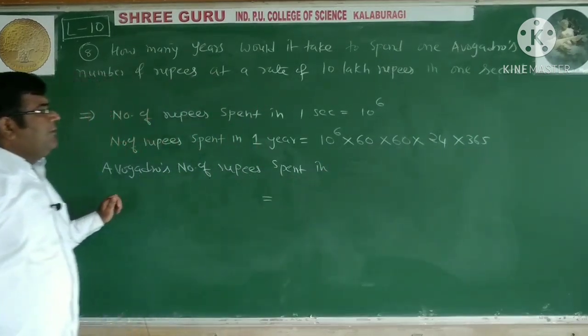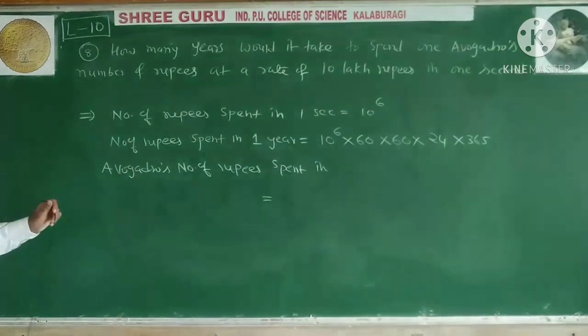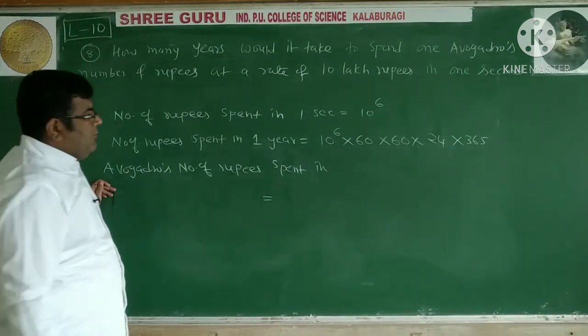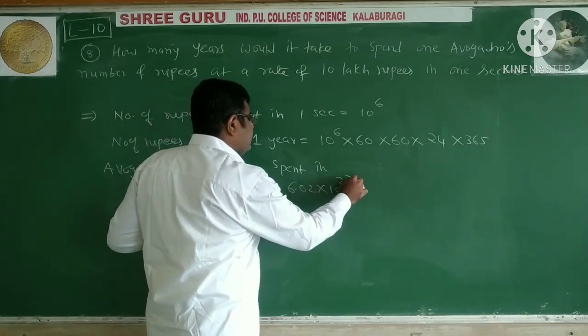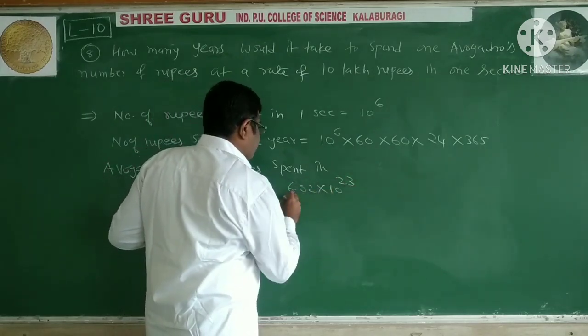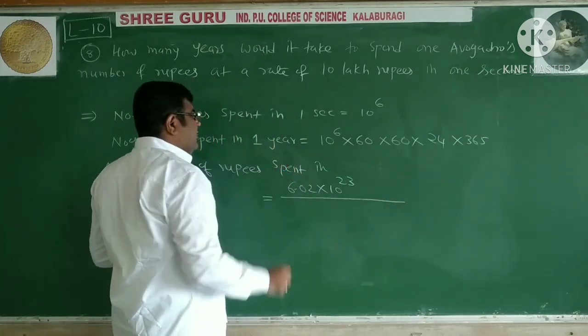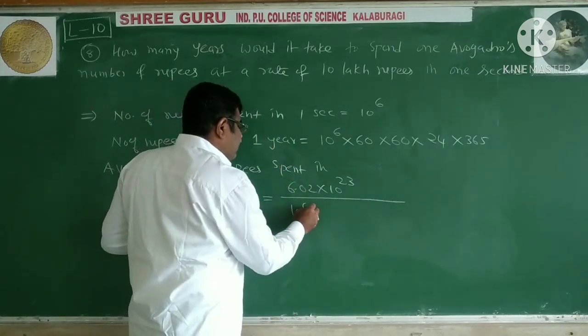So we have to divide the Avogadro number by the money spent in a year.